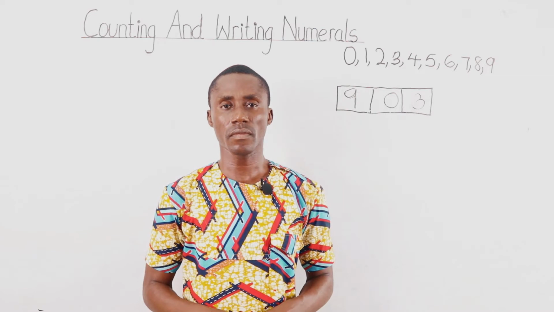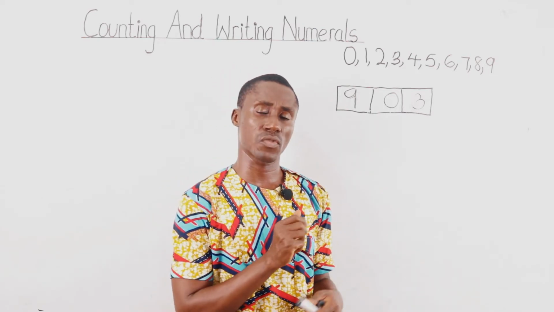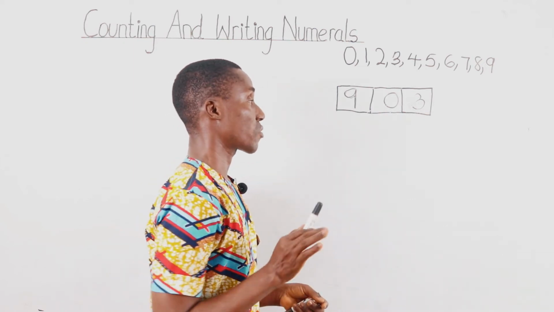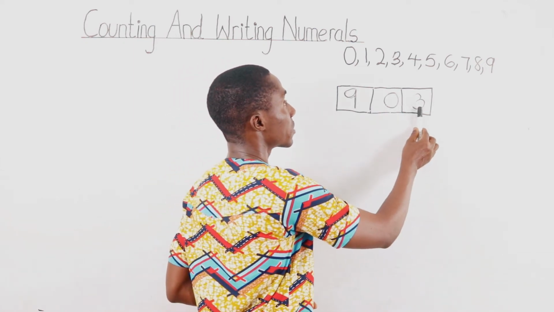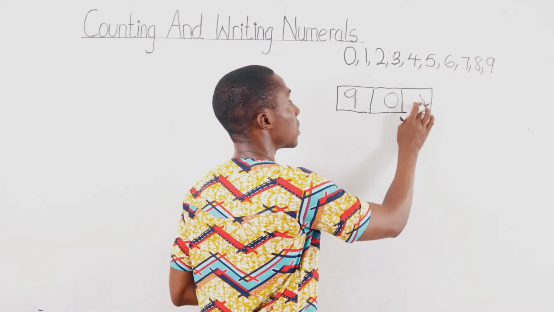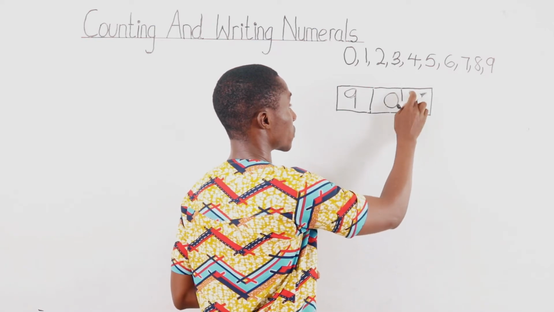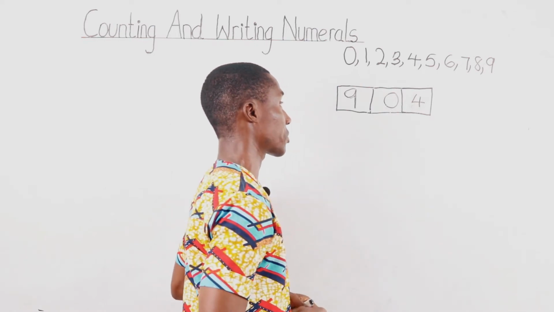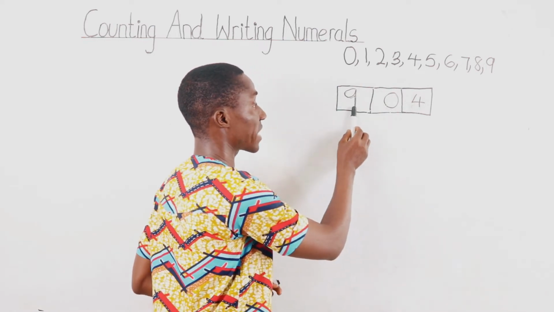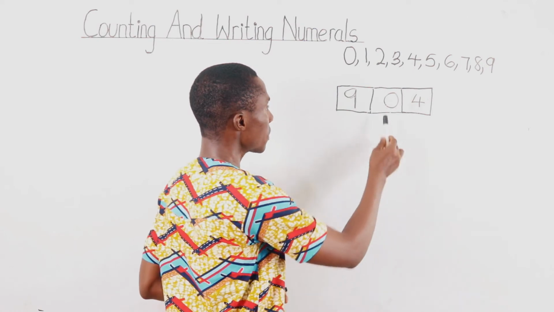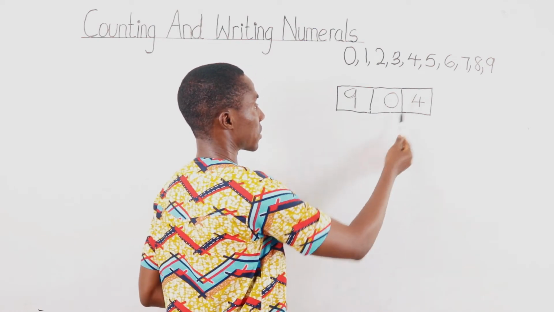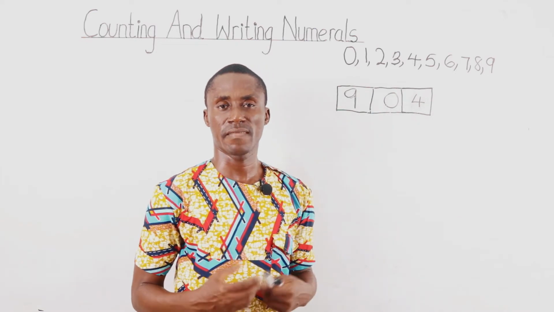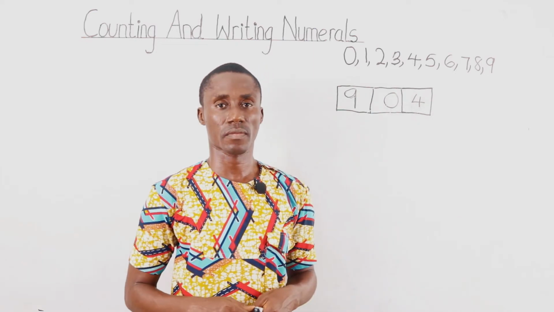We add 1 more orange to the 903 oranges. The one that we have added will increase this to 4, and therefore we are going to put the digit 4 into the first number place. That will give us 9 hundreds, 0 tens, and 4 ones, and that will be the number 904.